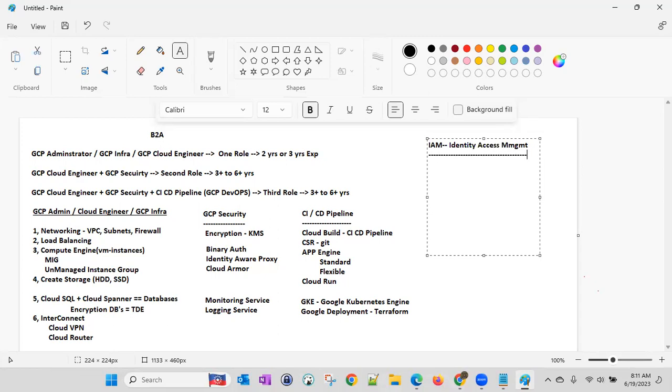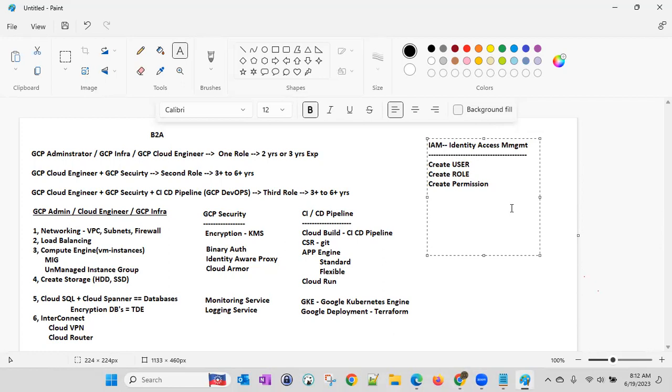Here, create user, create role, create permission. Okay, for example, Naresh is a security engineer. I need to create a user first. I need to provide a role, or you have to give proper permission. This is very important.